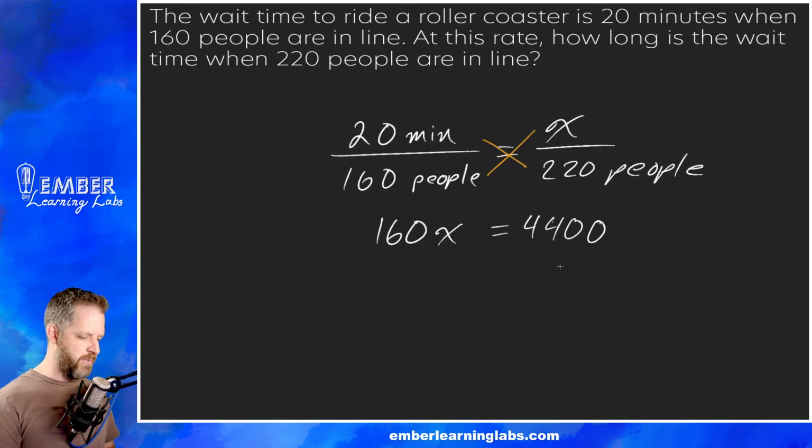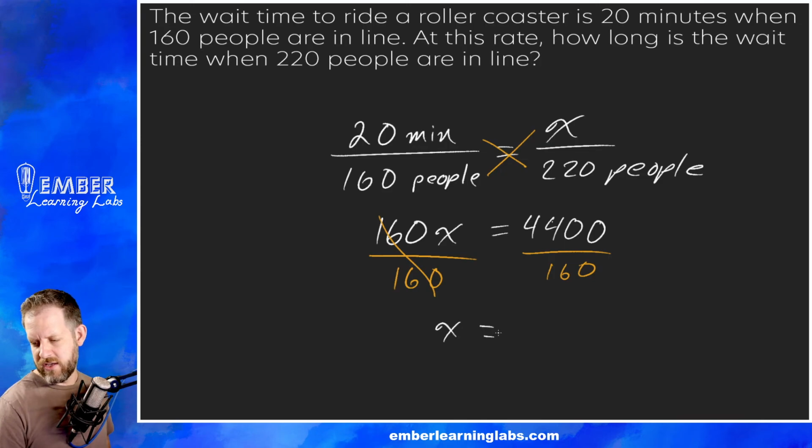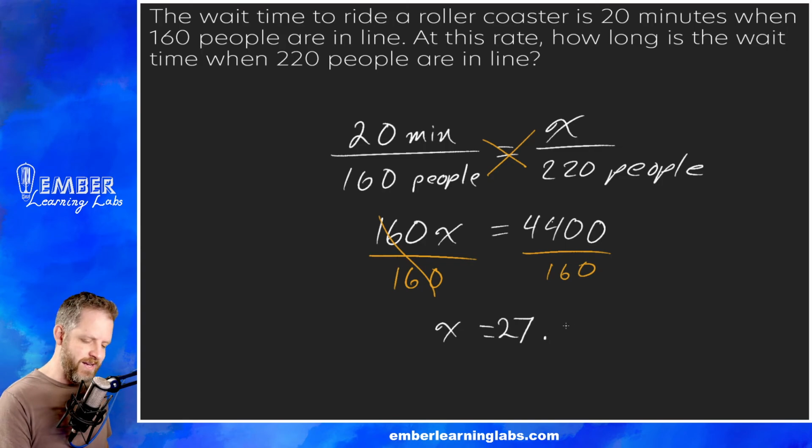That's how mistakes are made. But that's okay. Y'all see me make my fair share of mistakes. Everybody does it. 160 is what we're dividing by. Cancels right there. So x equals 27.5.